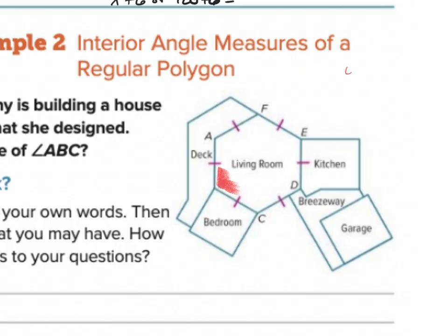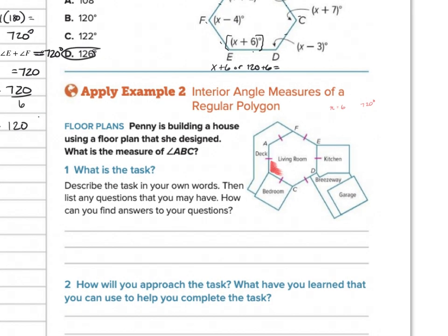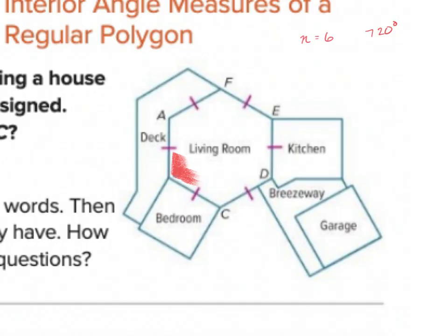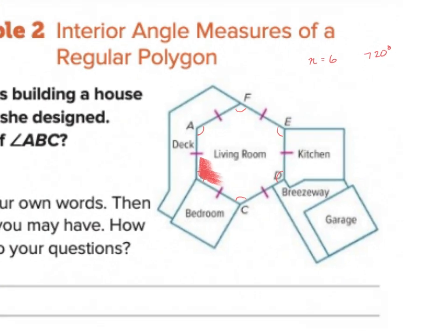We just learned that in the example above, when n is 6, then the internal angles would add up to 720 degrees. I know that all of my sides are congruent, so that means all of my angles are congruent. I don't know what my angle measurements are, but I know that that's that definition of a regular polygon we've used, that all of those angles should be the same measurement, okay?